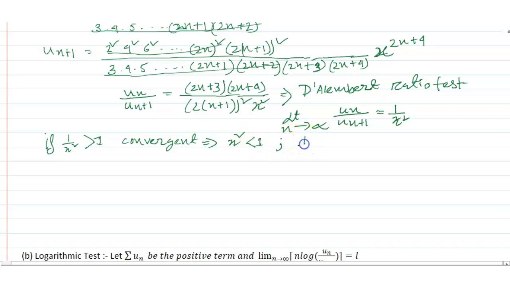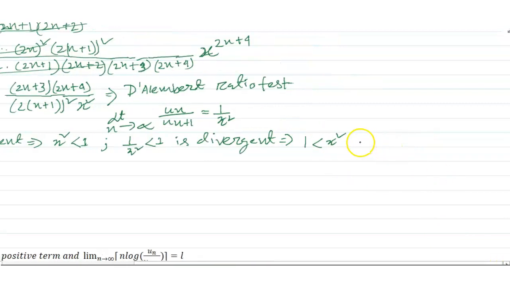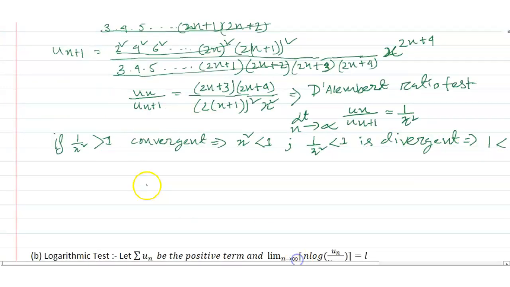Similarly, 1 by x squared less than 1 is divergent, which implies 1 is less than x squared. This is the total formula for when it is divergent and when it is convergent. But in another case, if x squared is equal to 1, then the test fails.